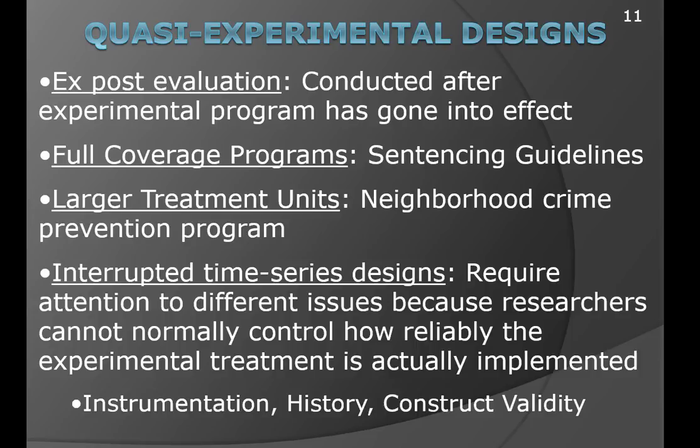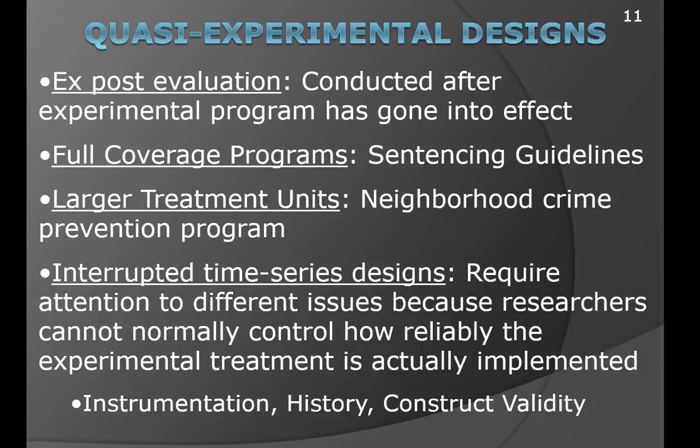You might be looking at full coverage programs so that everyone is required to participate. For instance, the sentencing guidelines are an example. If it's a statewide requirement, then everybody is there, it's not randomly chosen. They are specifically there.